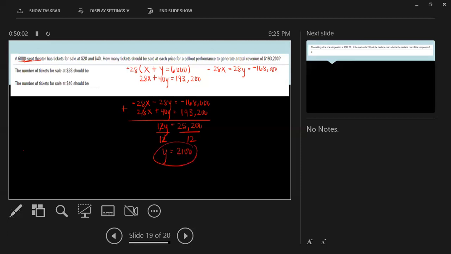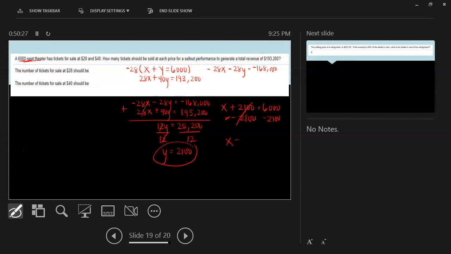All right, now that we have Y, just plug it into one of the original equations to find X. And I'm going to use the first equation. So that'll be X plus 2,100 is equal to 6,000. We're going to subtract 2,100 from each side. So this cancels out.